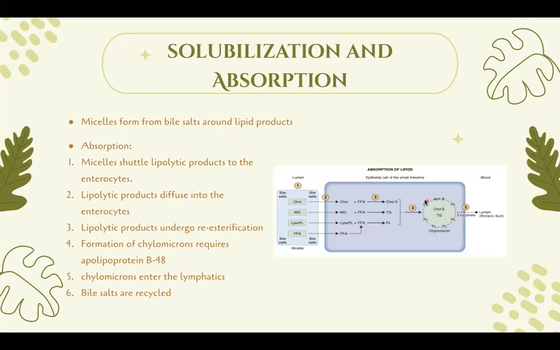So chylomicrons are produced by phospholipids, and also by something called apolipoprotein B48. The way you can remember this number, B48: 8 from eating. This is for all these lipids that you ate. So B48 for the chylomicron.